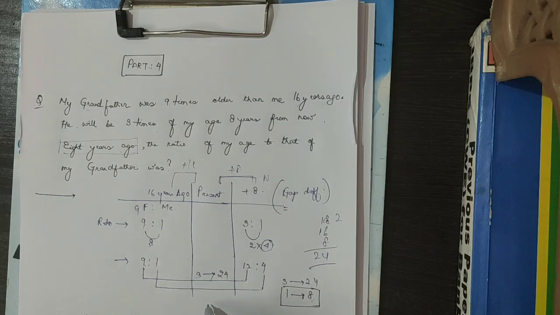So let's do it like this. It is 12 into 8, how much? 96. And 4 into 8, 32.